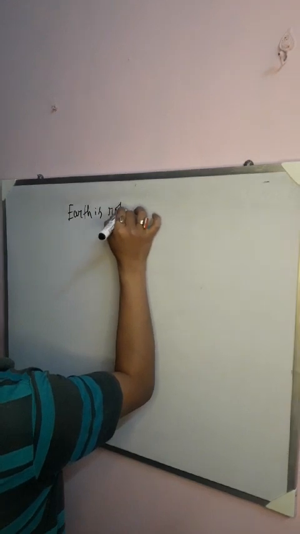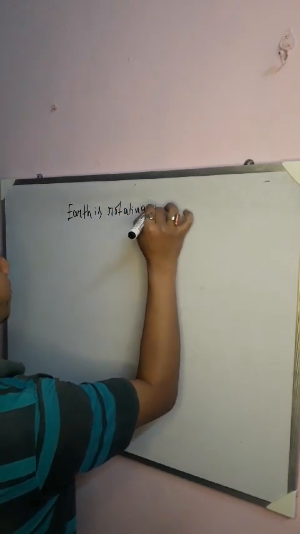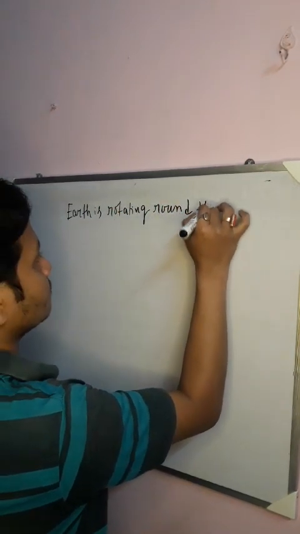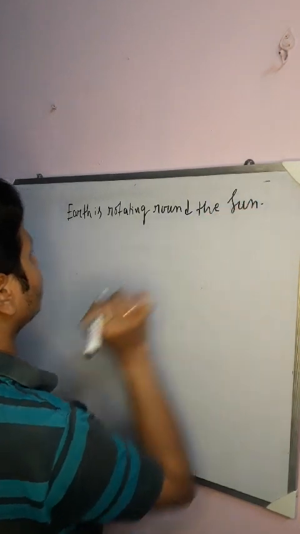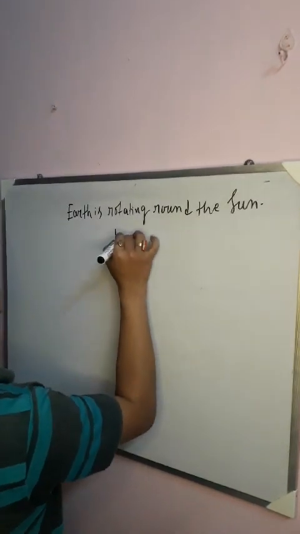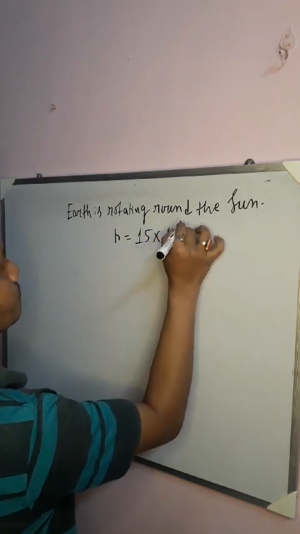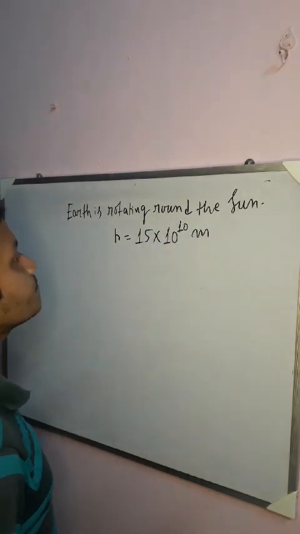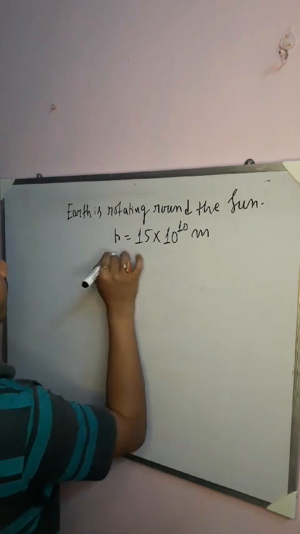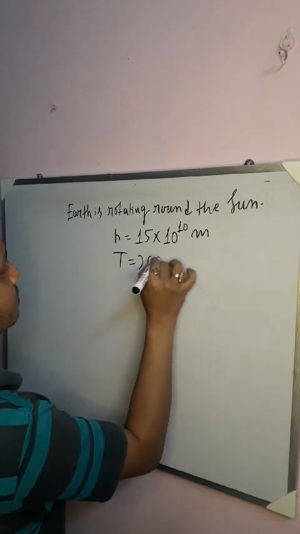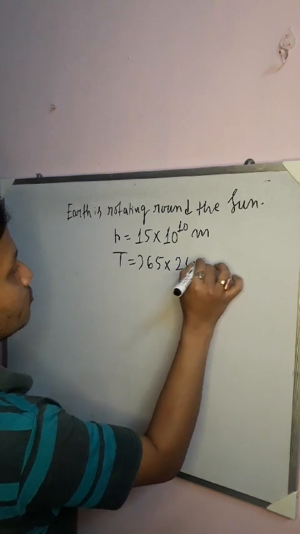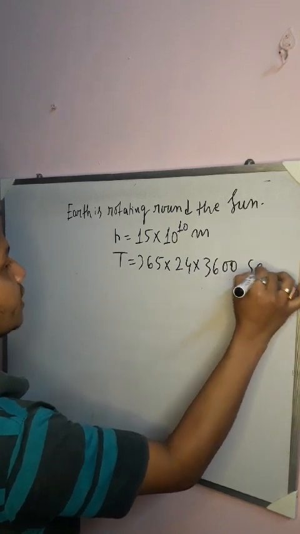So the earth is rotating around the sun at a distance of about 15 into 10 to the power 10 meters, and the time period is 365 into 24 into 3600 seconds.